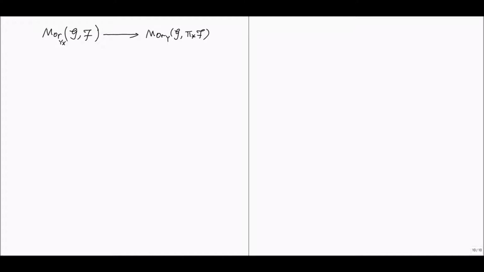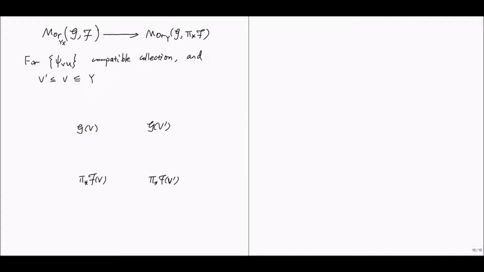Okay, now let's construct the map along the opposite direction. Let psi sub VU be a compatible collection. What we need are maps from G of V to pi star f of V for all V's. If V prime is contained in V, we look at the definition for pi star f.